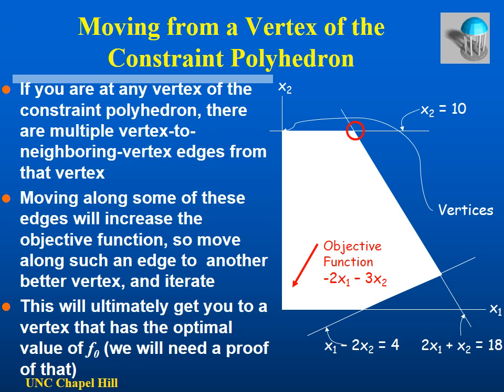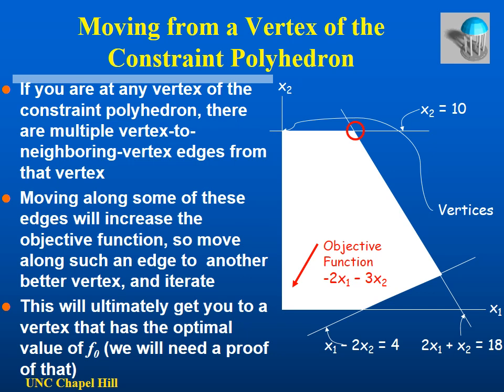Once we're at that vertex, the one farthest to the right in the diagram, we can march along the new edge, which also has a component of minimizing with regard to the objective function, until we reach the extreme of the x2 less than or equal to 10 constraint, namely the line x2 equals 10.